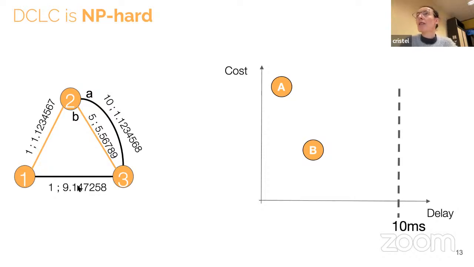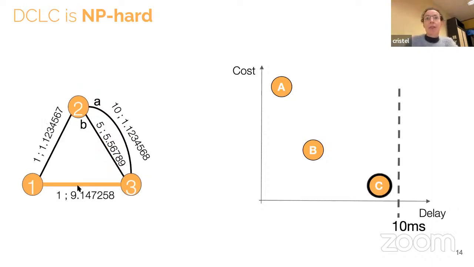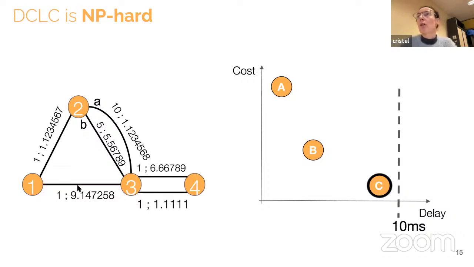Now there is another path that is possible, via the interface B on node 2, which has a higher delay and lower cost. And finally, you have another path, the direct path, which has a higher delay but lower cost. So all these 3 paths are non-dominated, and you'll probably see where I'm going: you have to maintain a Pareto front of the possible solutions.